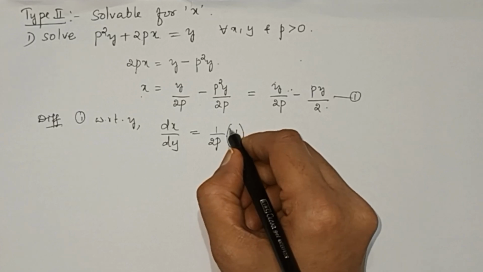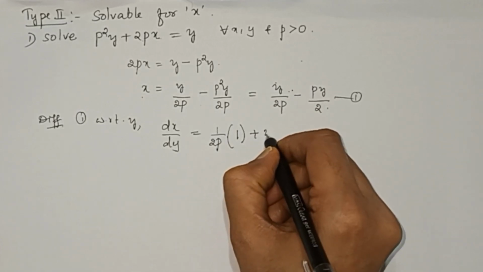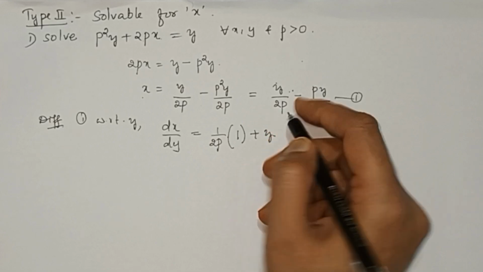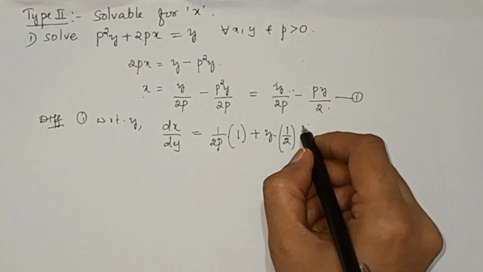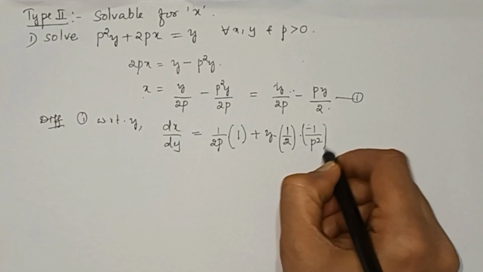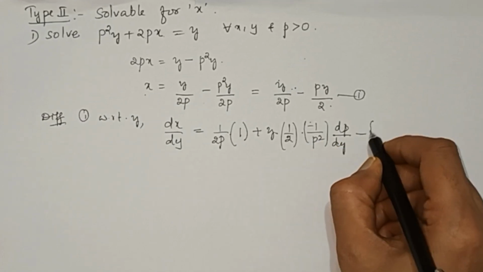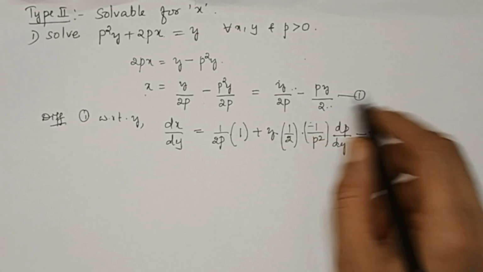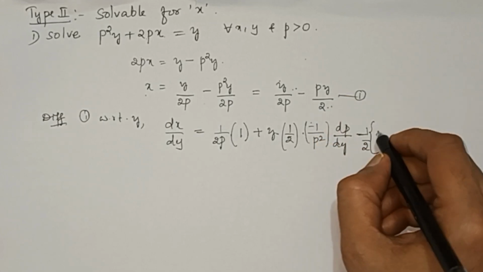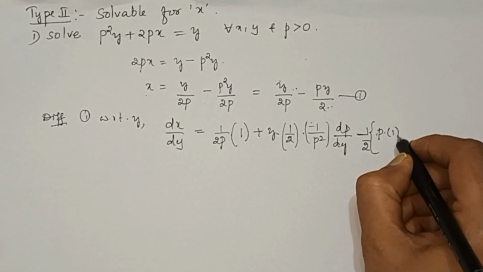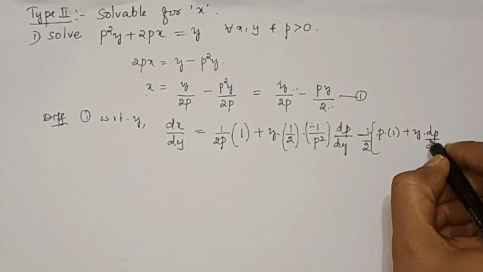So y times 1/(2p) into the derivative of y, which is 1, plus y into the derivative of 1/(2p). 1/2 is a constant, and the derivative of 1/p is -1/p² into dp/dy. Similarly, minus here also product rule again. You can keep 1/2 outside because it is a constant. p into the derivative of y with respect to y, which is 1, plus y into the derivative of p with respect to y, which is dp/dy.